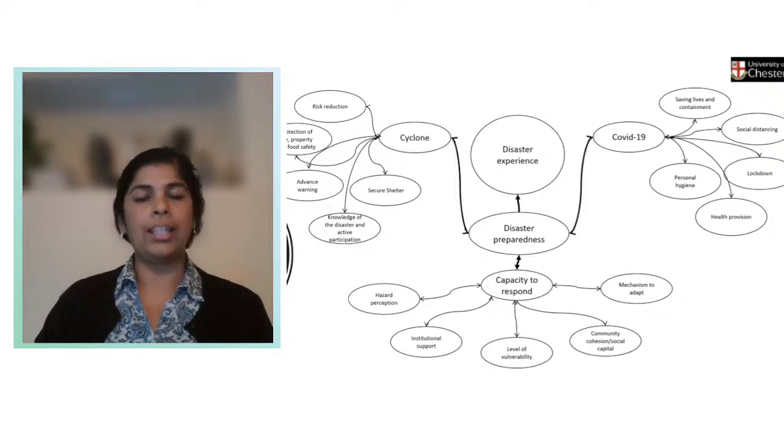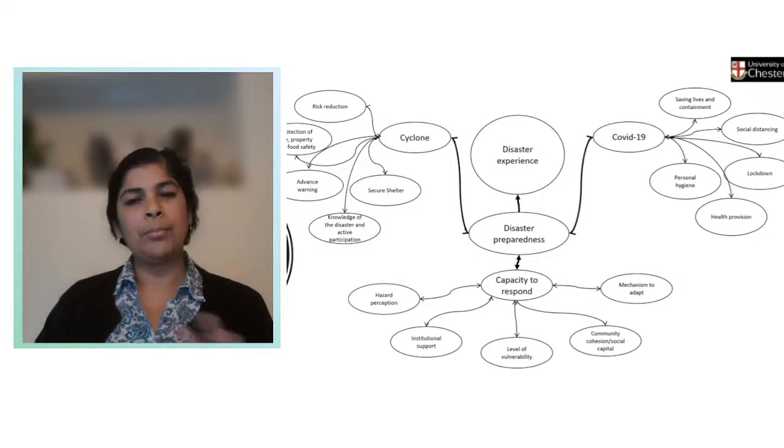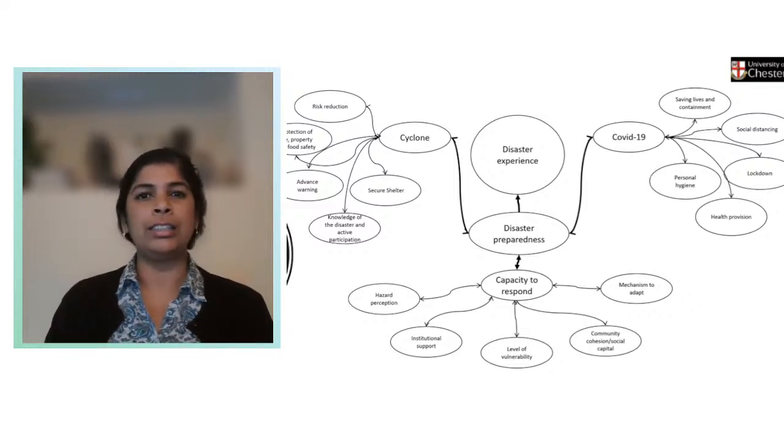Not only that, it also had added issues about providing wash facilities, providing soap, sanitizers, isolation cases in case of health impact. So these were the resource mobilization hurdles that they had to face.